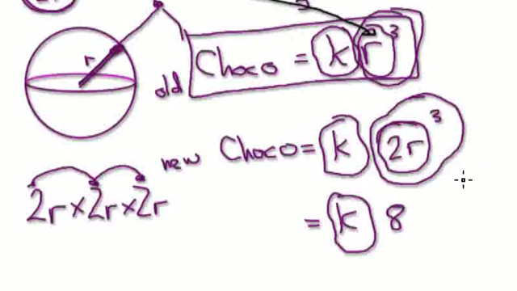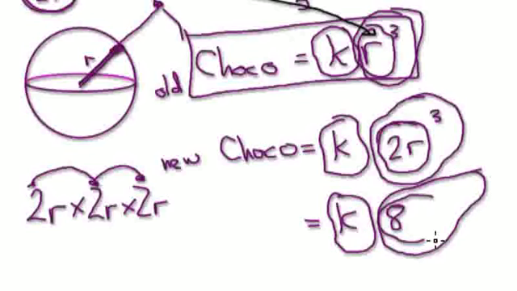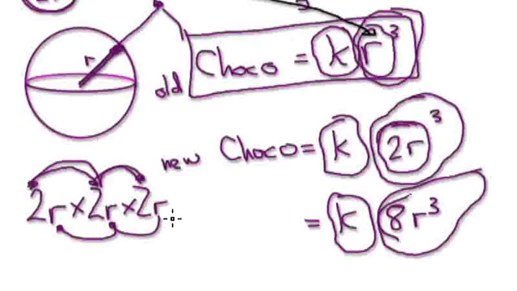So this is in a bubble, and we've got a cube here. Because we are using the power of 3, and we are using the 3 to act on this 2r, this then becomes 8 r to the power of 3, because 2 times 2 times 2 is 8, and then you've got r times r times r.